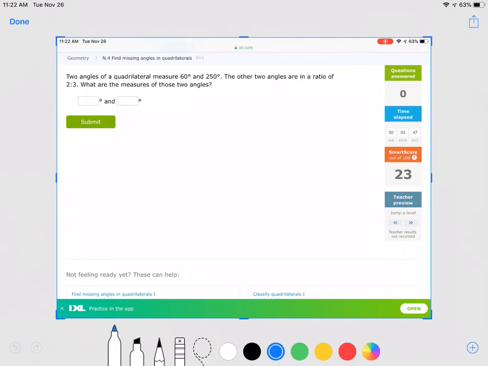All right, so we know that two of the angles are 60 and 250. So at the moment, that is a sum of 310, which leaves how many left over for the other two? Well, the total is 360.